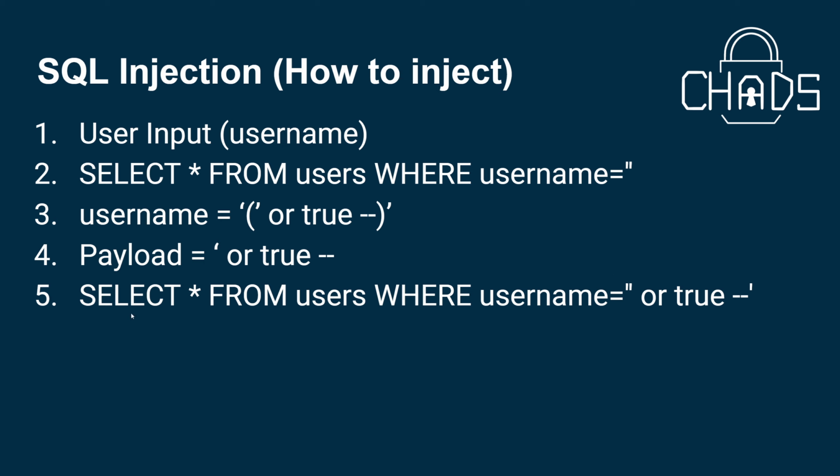So it looks like select from users where username is blank or true. In this case, everything will be equal to true, because something or true will always be defined as true. So it will select basically every single user.